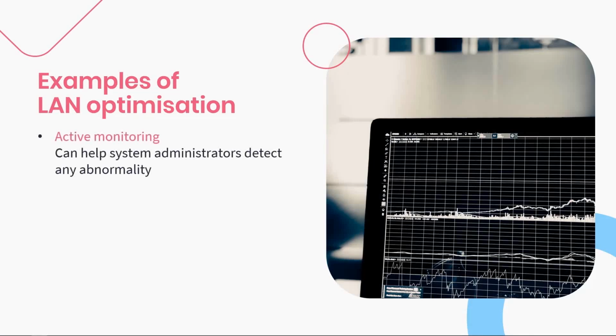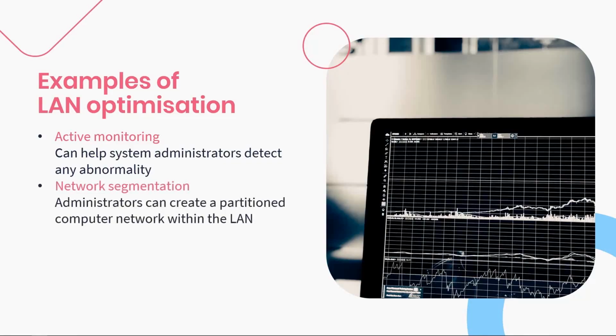Being able to monitor connected devices on the LAN can help system administrators to detect any abnormality. We will cover ways of implementing a monitoring system on your network with IP address management later in this course.